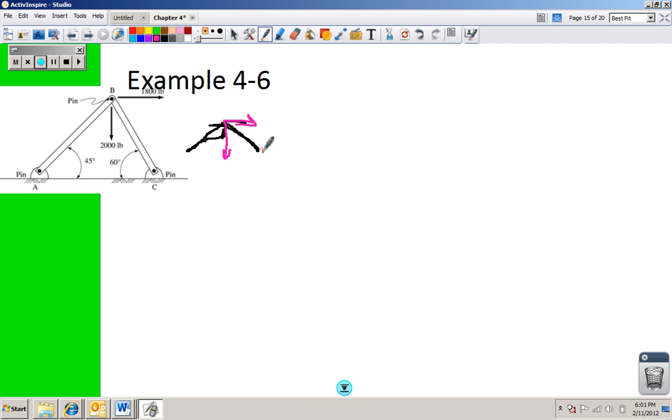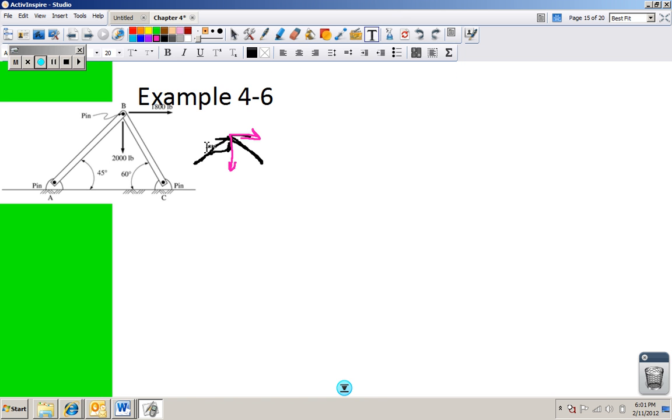Alright, so let's call this one F1. We'll call this one F2.